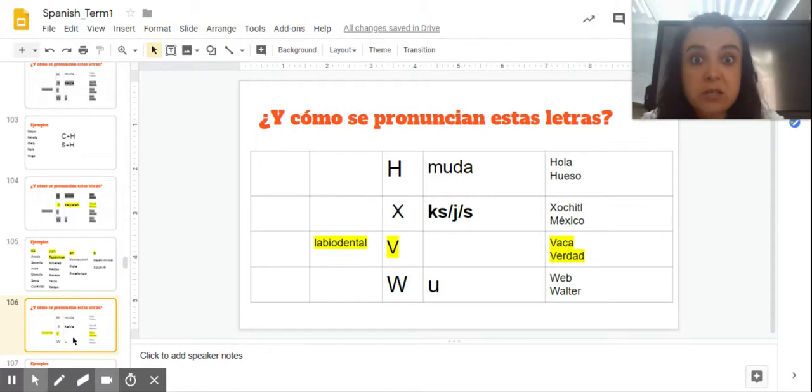But in some countries, they do, and they pronounce this as a labiodental. Labio means your lip, and dental, that's referring to your teeth. So we pronounce it with your lips and your teeth. It's similar to the way that you pronounce the F. It's just that the lip goes in a different position than with F.